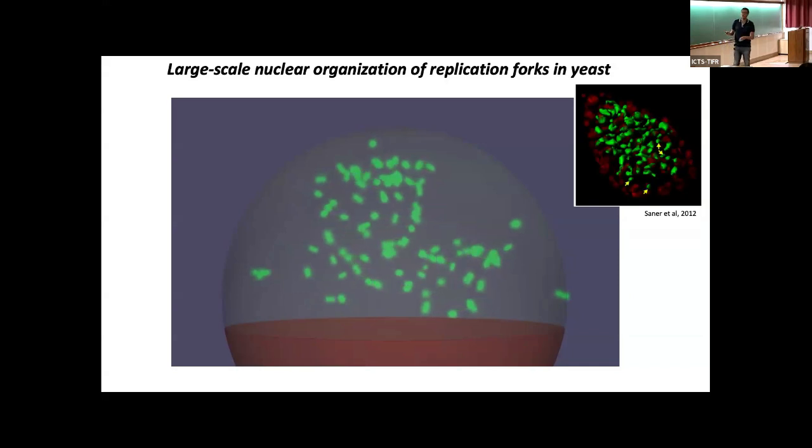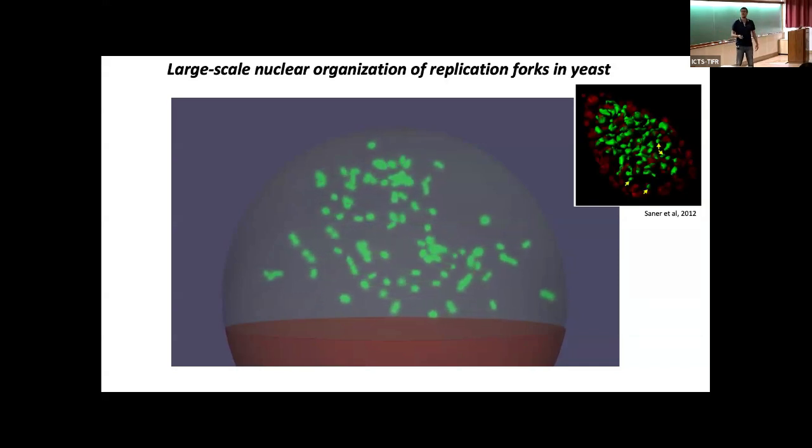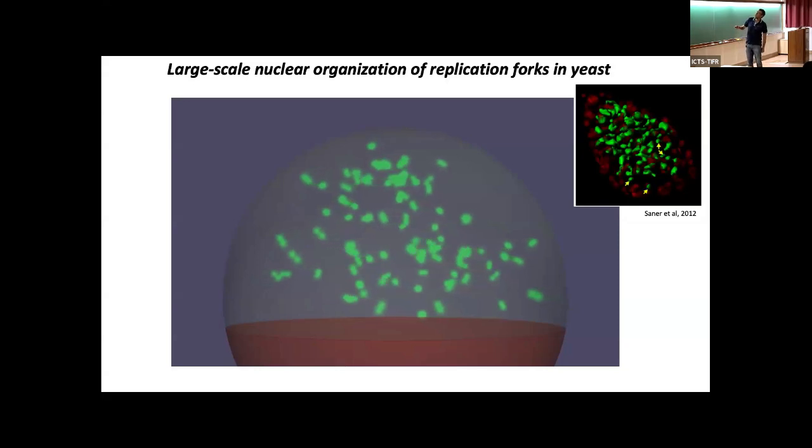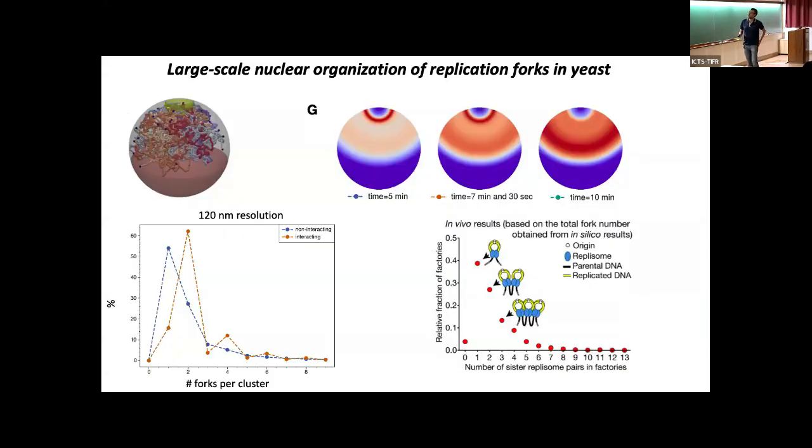So if you see condensates, it's just random or because of the Rabl organization, this type of thing. But even that, you can see some correspondence between the two. And we can look at how the forks are distributed in the nucleus as a function of time. You do observe a kind of wave that starts from the SPB, so the centromeres, and progresses throughout the nucleolus. That was also observed in the experiment.